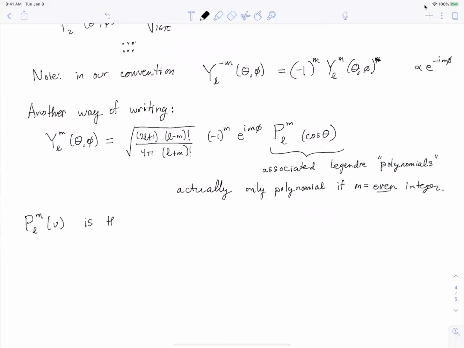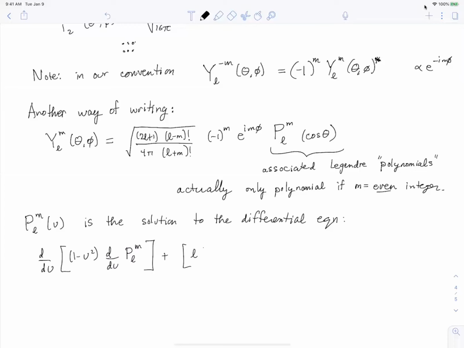This is the solution to what turns out to be the eigenvalue problem in differential form, namely d by du acting on (1 minus u squared) d by du of our function, P_L^m, plus L times (L plus 1) minus m squared over (1 minus u squared), multiplying our function.